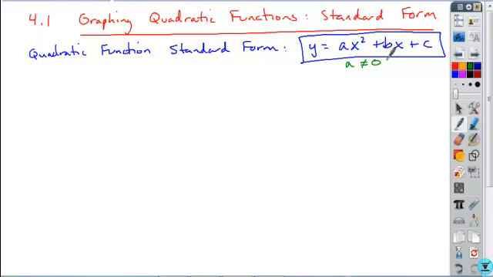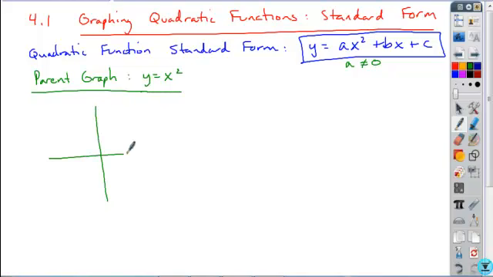Okay, so the other thing that you need to be familiar with on any types of functions is what the parent graph looks like. So the parent graph for quadratic is just x squared. And so let's take a look at what the equation actually looks like. An x squared graph is just a parabola.